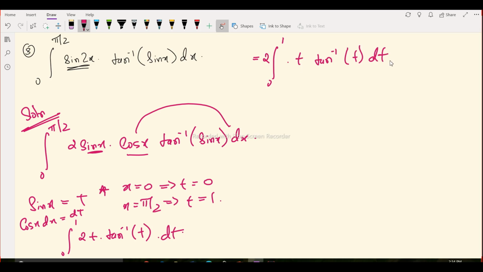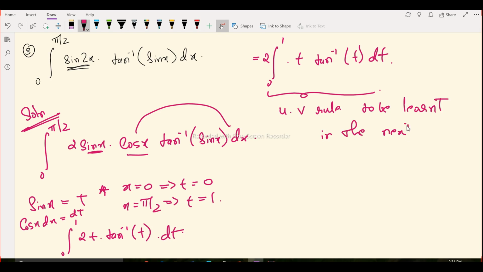Now we'll have to use the u into v rule for definite integration, which we'll do in the coming lecture. So you can keep this one pending and write here: uv rule to be learned in the next lecture.